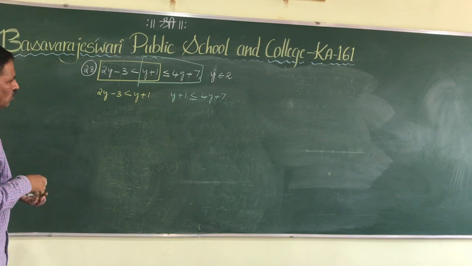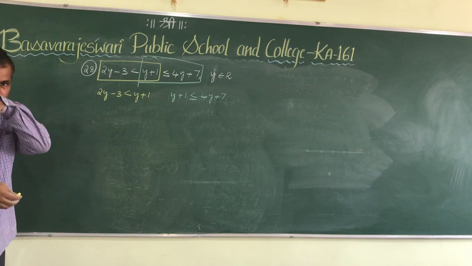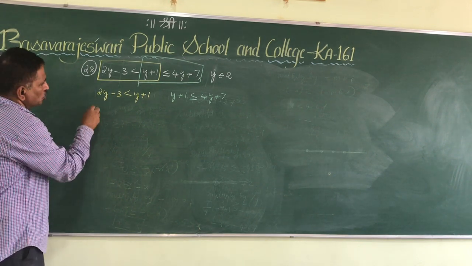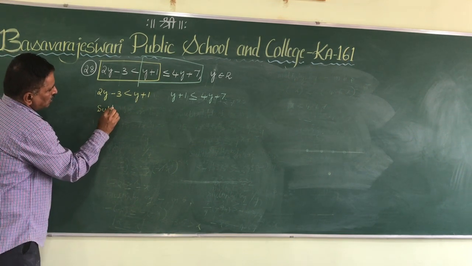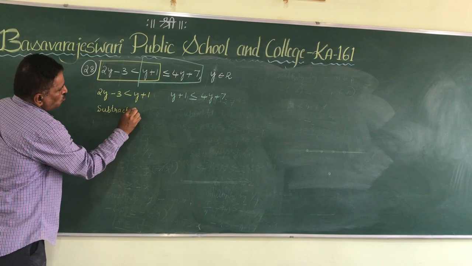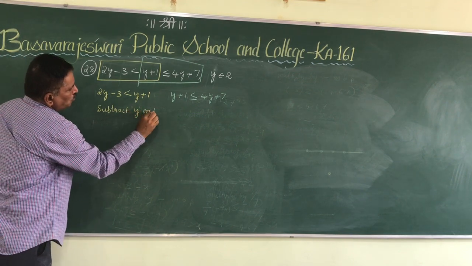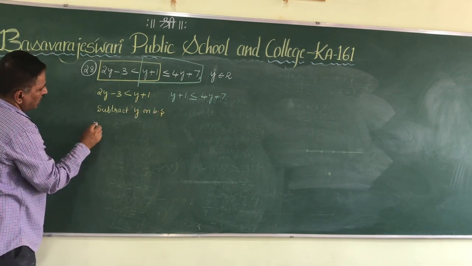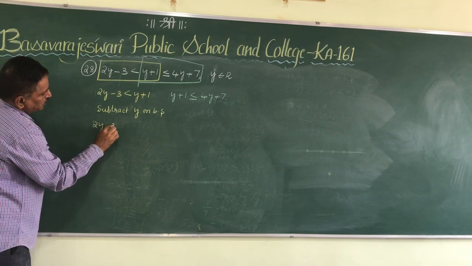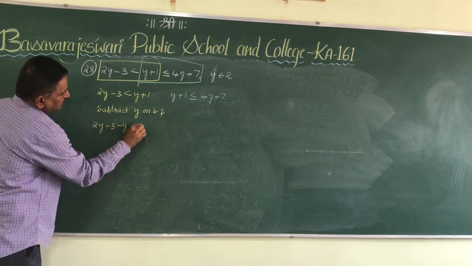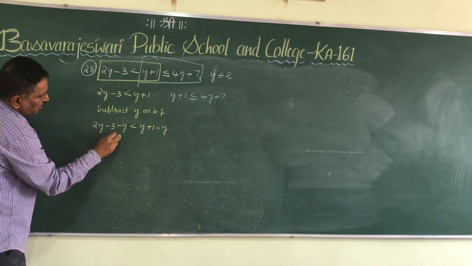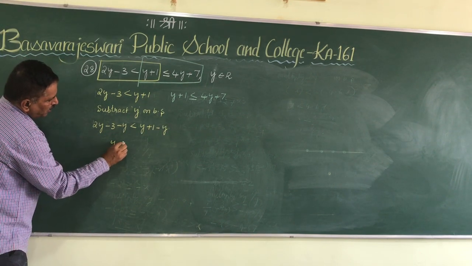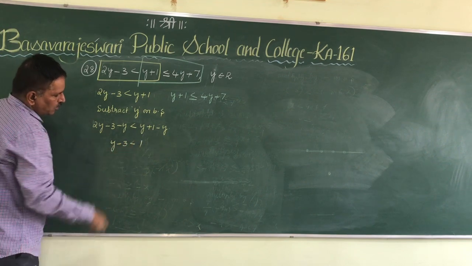Now what should I do? Same as usual, what we have done when the variable was x. Subtract y on both sides, meaning 1y only. 2y minus 3 minus y is less than y plus 1 minus 1. So 2y minus 1y will give you y, or 1y, minus 3 is less than 1.